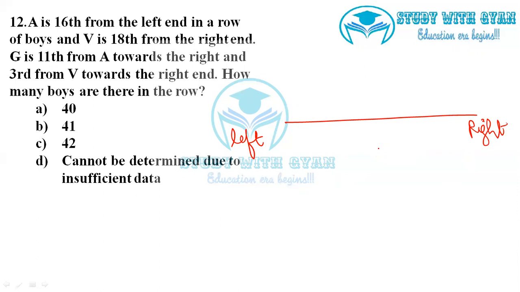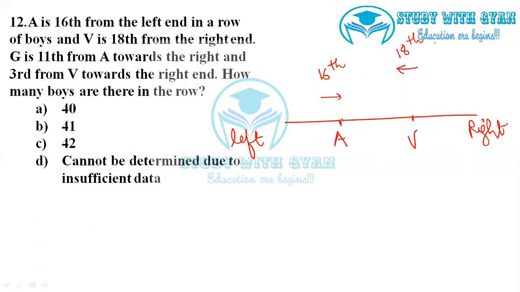After that, just follow the statement. A is 16th from the left. So A is here, and this is 16th from the left. V is 18th from the right end, so suppose V is somewhere here. G is 11th from A towards the right.